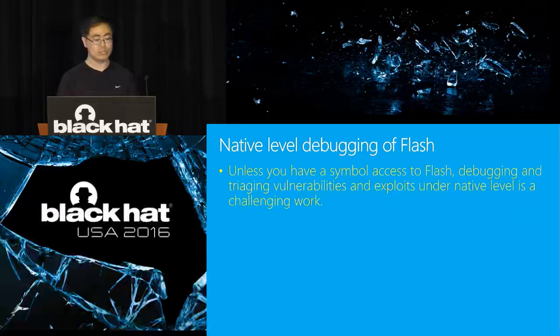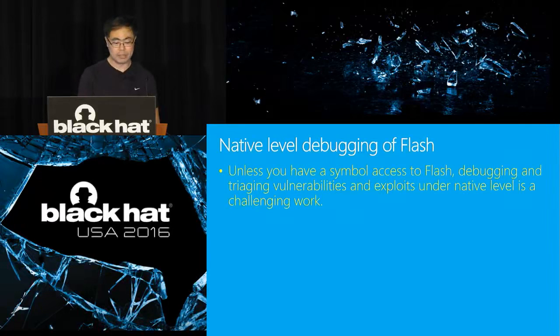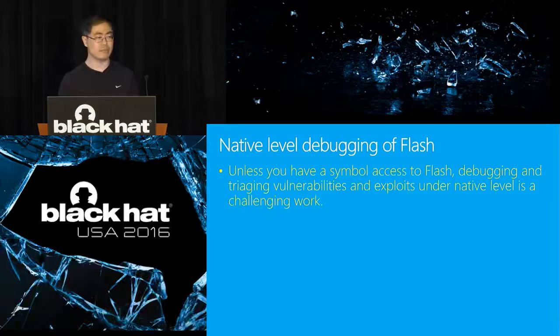You can also do native level debugging of Flash, but it's really challenging because the Flash file is more than 10 megabytes, and in process memory, if you don't have any symbols, it's not easy to figure out what each function is doing.